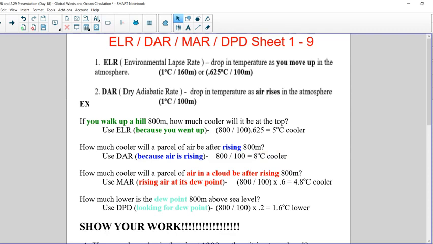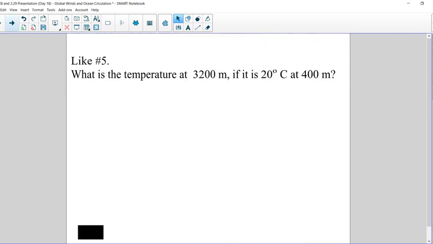Okay, so I'm going to show you two examples that are very similar to the ones that you have on your paper. So this one is like number 5. All I did was change the numbers, so you'll solve it the exact same way, right? So what is the temperature at 3,200 meters if it's 20 degrees Celsius at 400 meters?